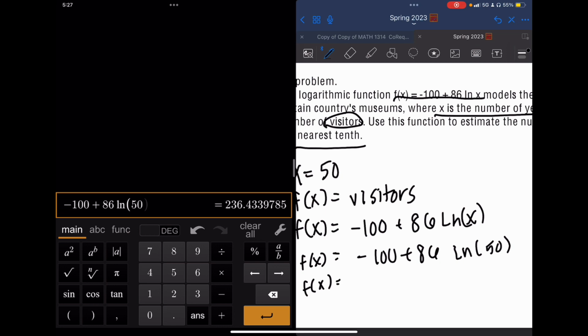So this is equal to 236.4, but remember this is millions of visitors. So if we had asked you to expand it, it would be 236,400,000. So that's how much it would be if we expanded the number.